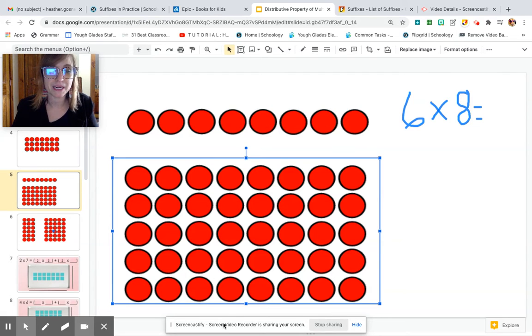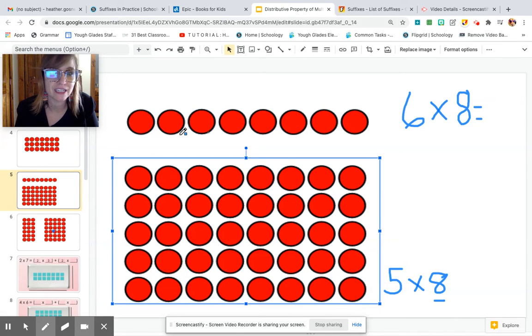I'm going to split it up and have 5 rows of 8 instead of 6 rows of 8 because I took one off. So down here, I have 5 rows of 8. Now, the 8 is staying the same because my columns didn't change. I still have the same amount of columns. I just broke apart the rows because I thought that would be easier to solve.